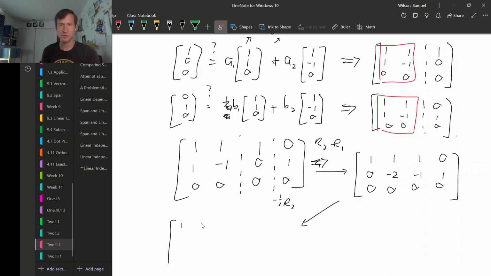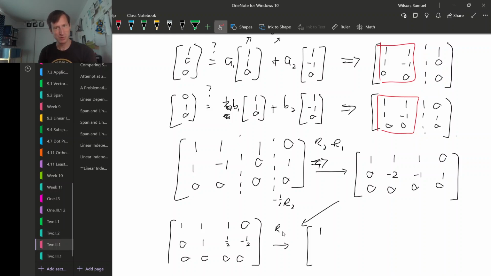That's going to give us 1, 1, 1, 0, 0, 1, 1 half, minus a half, and then of course 0, 0, 0, 0. Now I need to do row 1 minus row 2. I get 1, 0, 1 half, 1 half, 0, 1, 1 half, minus 1 half, 0, 0, 0, 0.